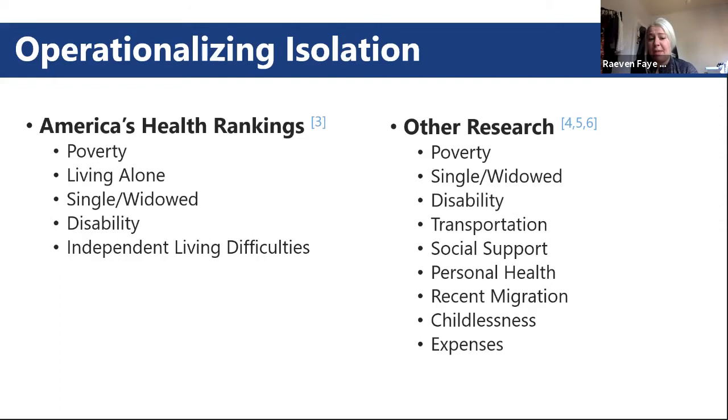We also used a number of measures for transportation. Tim will talk a little bit about that later, about some positives and negatives of using that and how that varies across our state. Also their individual health, if they've moved recently, and their amount of money spent on rent. Those also came from the American Community Survey.